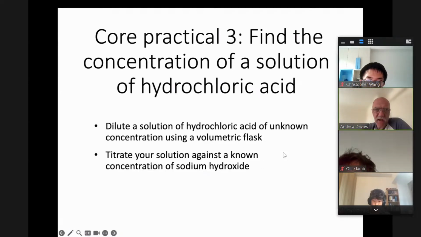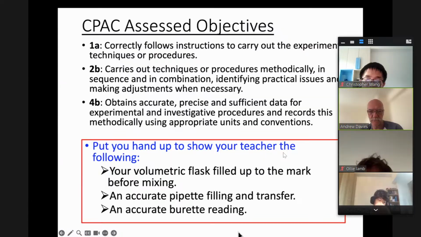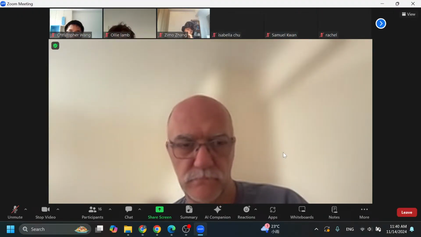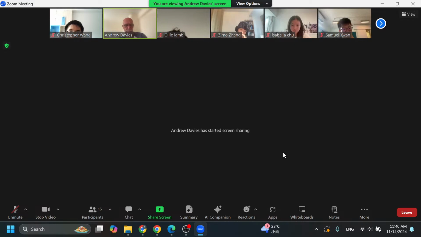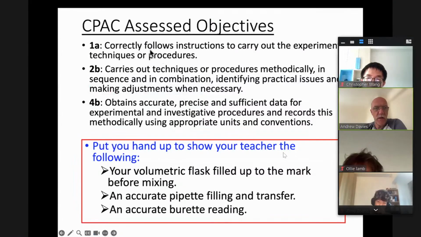Okay, so a dilution of a solution, and you're then going to do a titration. So it is bringing together a lot of the essential parts of this practical. There's a couple of things that we're going to be looking at in this.